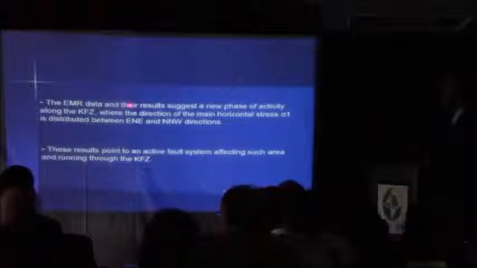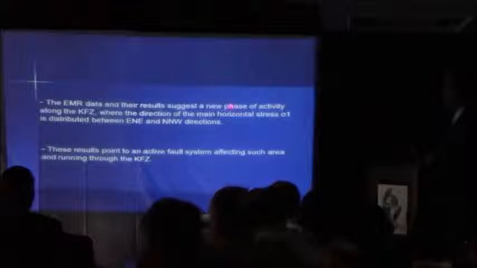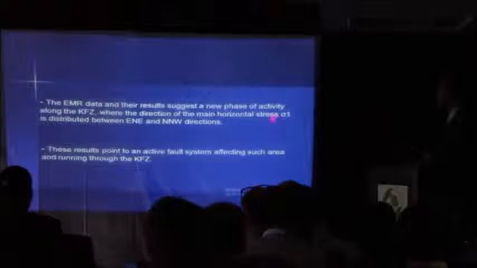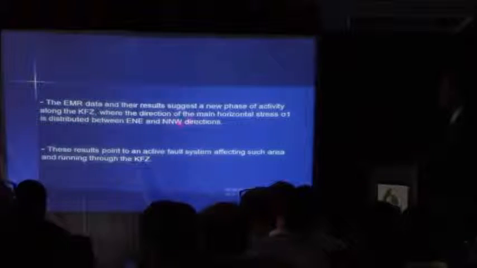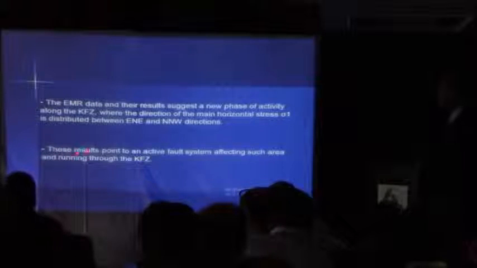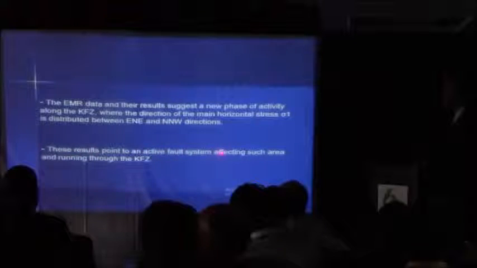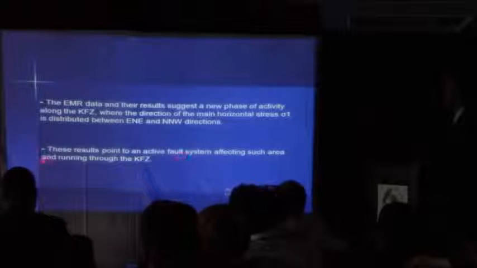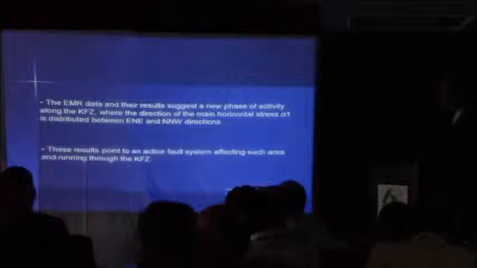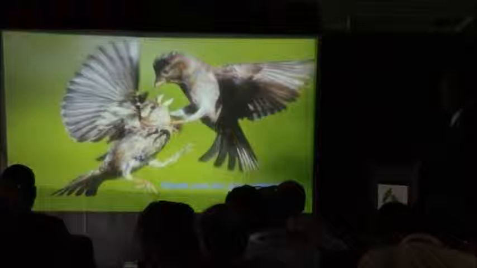The EMR data and their results suggest a new phase of activity along the Kalabsha fault zone, with the direction of the main horizontal stress sigma 1 distributed between east-northeast and north-northwest directions. Finally, these faults point to an active fault system affecting the area and running through the Kalabsha fault zone. Thank you very much for your attention.